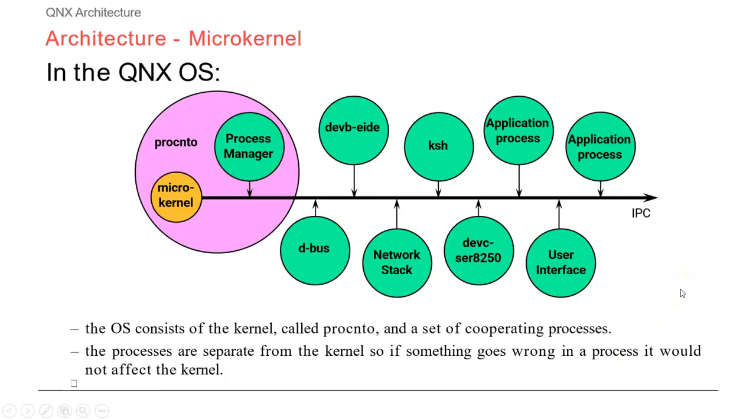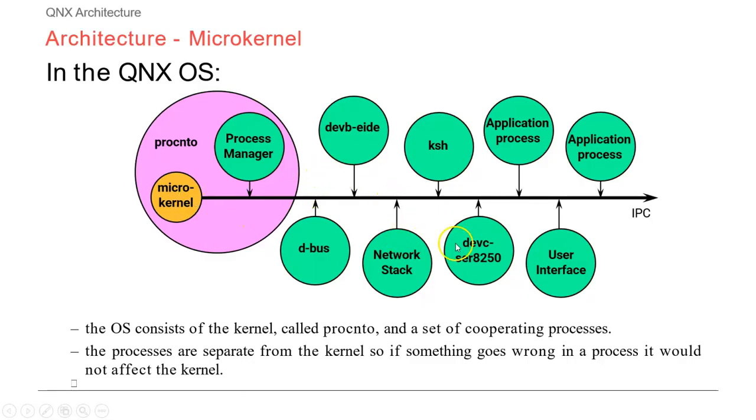So coming to the important QNX microkernel architecture. In QNX, the OS is not one large kernel. Instead, it is made up of a very small microkernel called proc-NTO plus many independent cooperating processes. The microkernel handles only the core minimum RTOS functions like thread management, scheduling and inter-process communication.